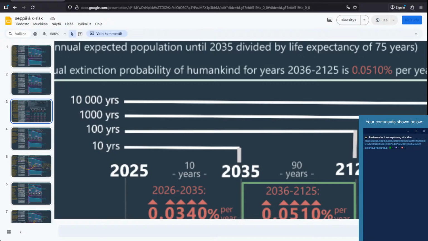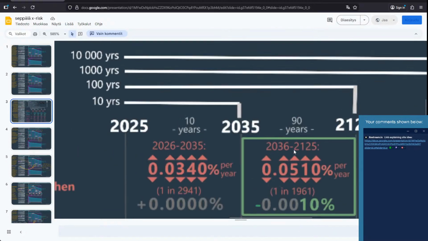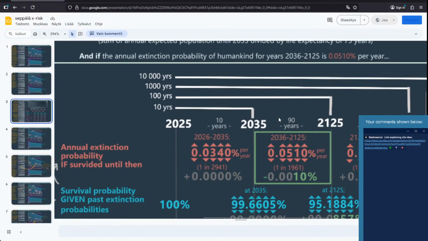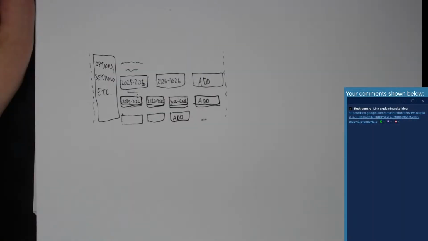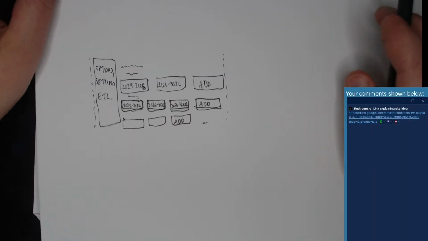I kind of like this thing that I have here going on, with these year numbers and how they go to these different timescales, and I wonder if that could be made a little bit better.